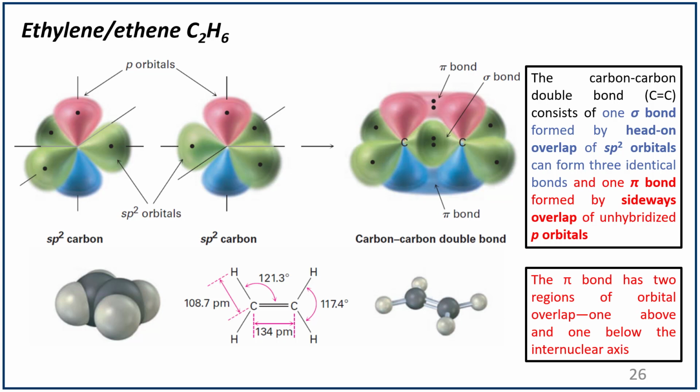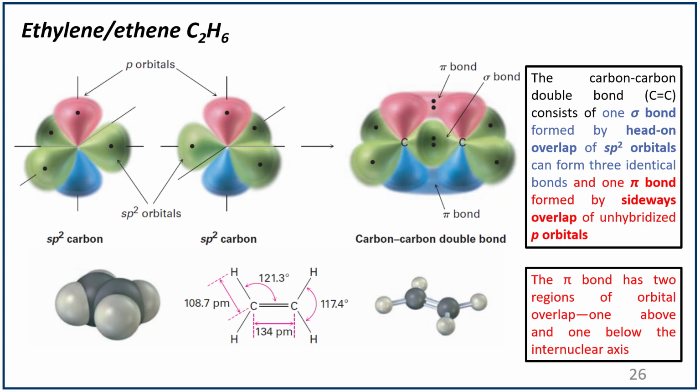So for ethylene, you have 3 sp2 hybrid orbitals for each carbon. 2 of those sp2 hybrid orbitals for each carbon will bond with the 1s orbital of hydrogen. That leaves just one sp2 hybridized orbital still available for bonding.